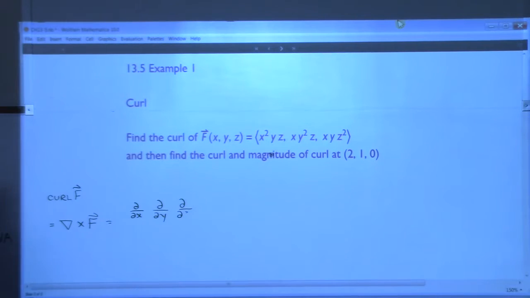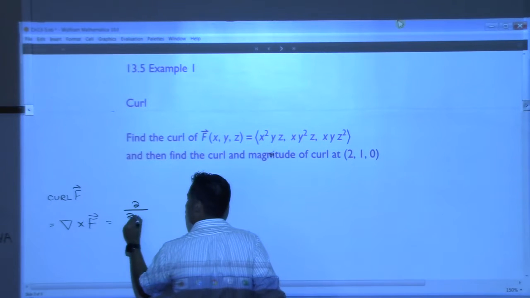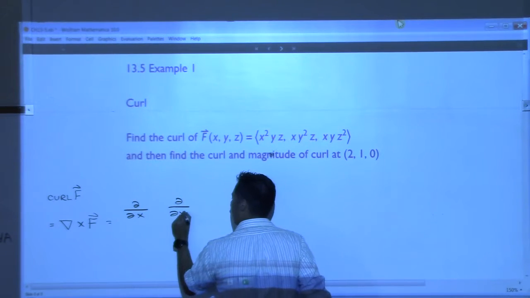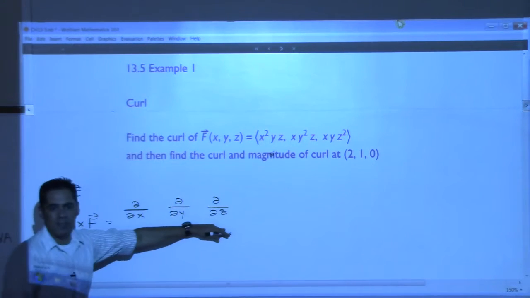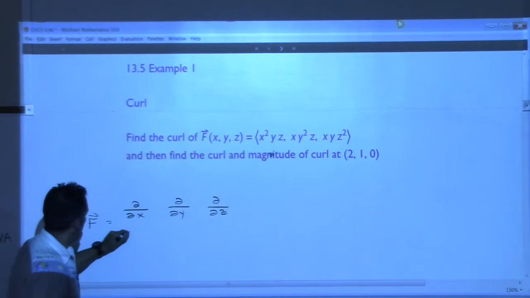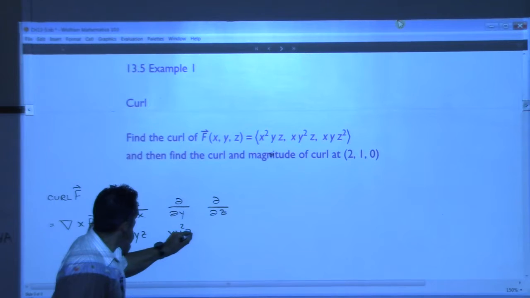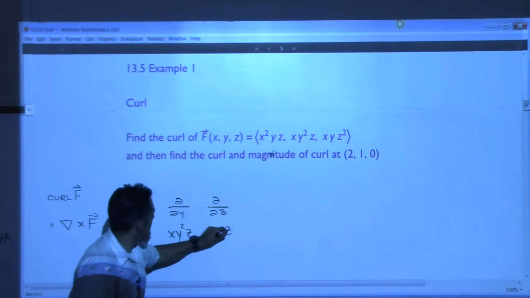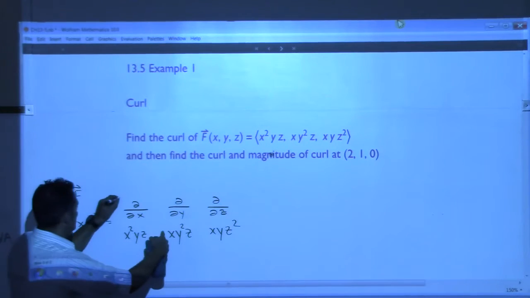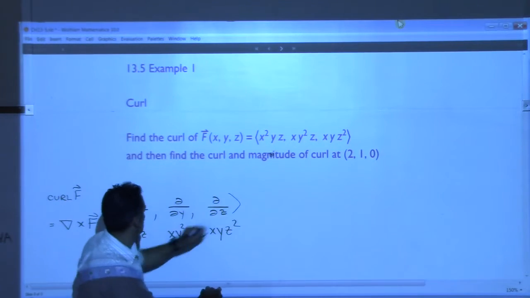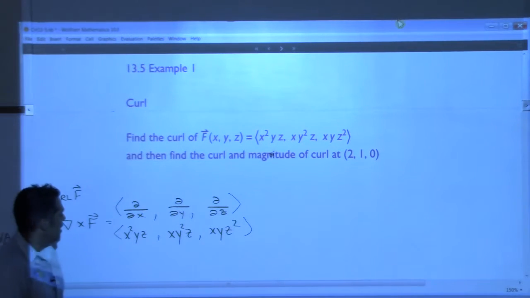I should have given myself more room. Partial with respect to x, partial with respect to y, partial with respect to z. Then underneath it goes the field, PQR. So x squared yz, xy squared z, and xyz squared. All right, and then I'm going to do the cross product of those. So we're looking at these as like they're two vectors, and we're doing like a cross product. And our answer is going to be a vector.